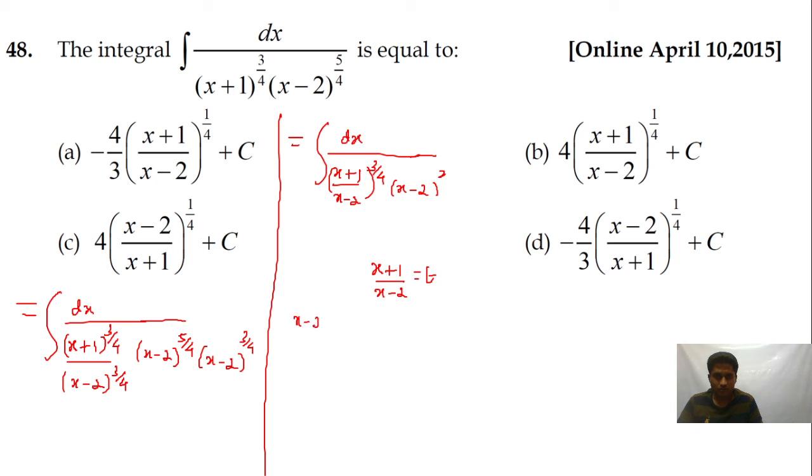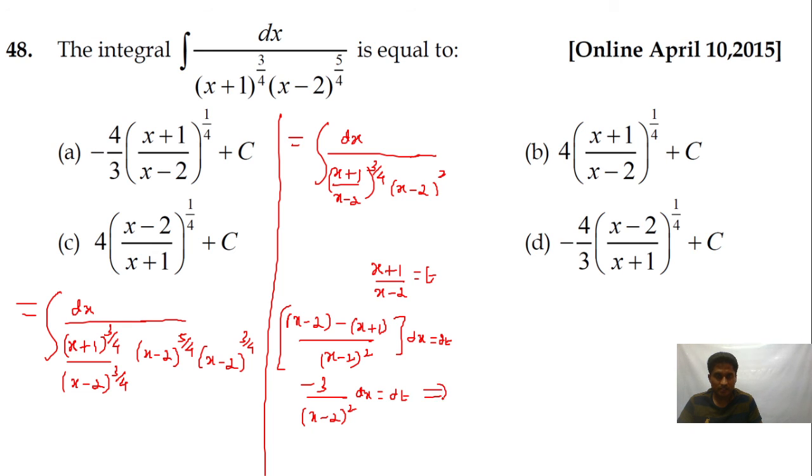Denominator d by dx of numerator minus numerator d by dx of denominator by denominator the whole square. Okay, and then you get dx is equal to dt. If you open the bracket, you get this is minus 3 divided by x minus 2 the whole square dx is equal to dt.